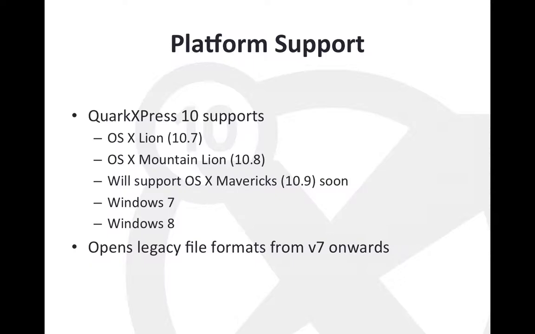So for version 10, we will only be opening version 7 files and later. Now, if you have older files that you want to update into 10, you can still get to those via version 9. So if you have a license of version 9, you can open those older versions, save them out, and then go from there into version 10.